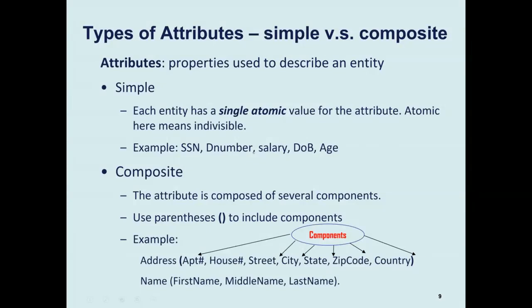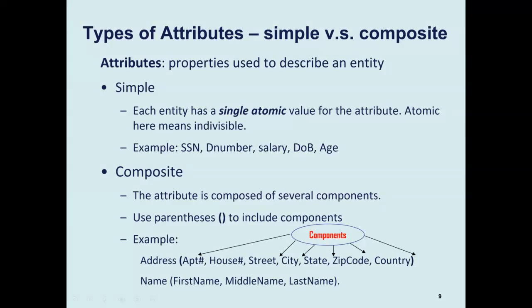For example, if we have an employee entity type, and the employee has attributes like SSN, salary, date of birth, and age, those attribute values are considered atomic values. So those are considered simple attributes.